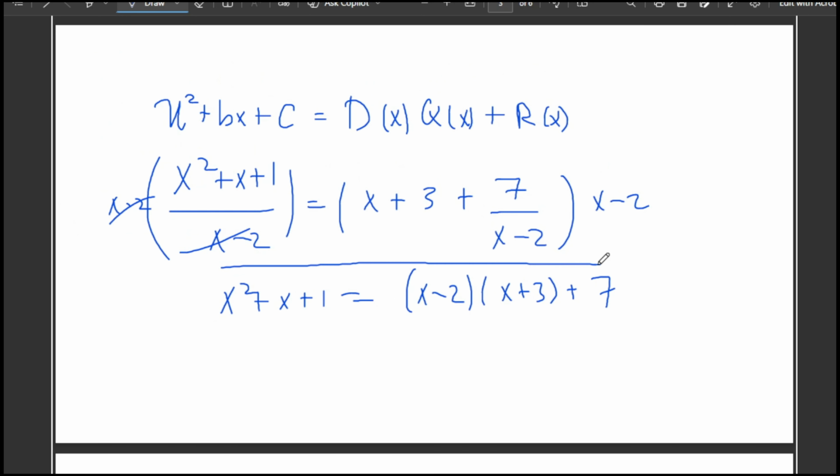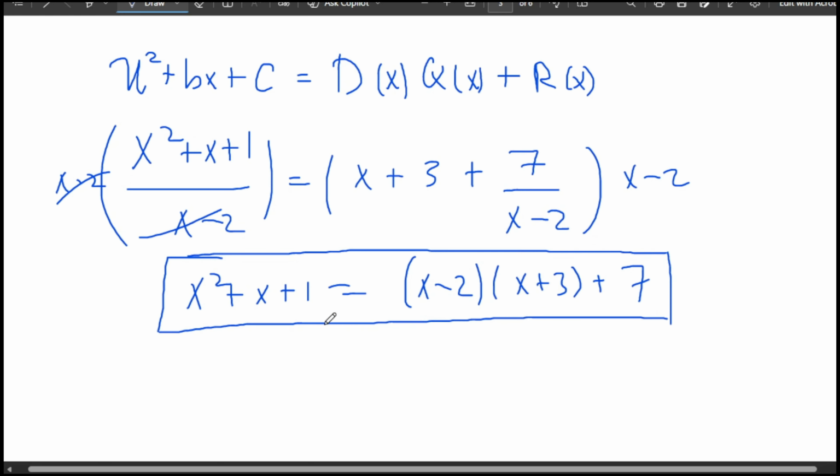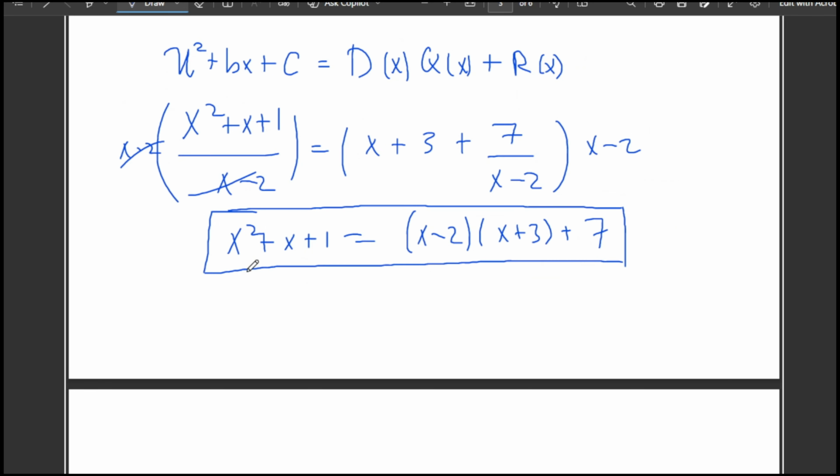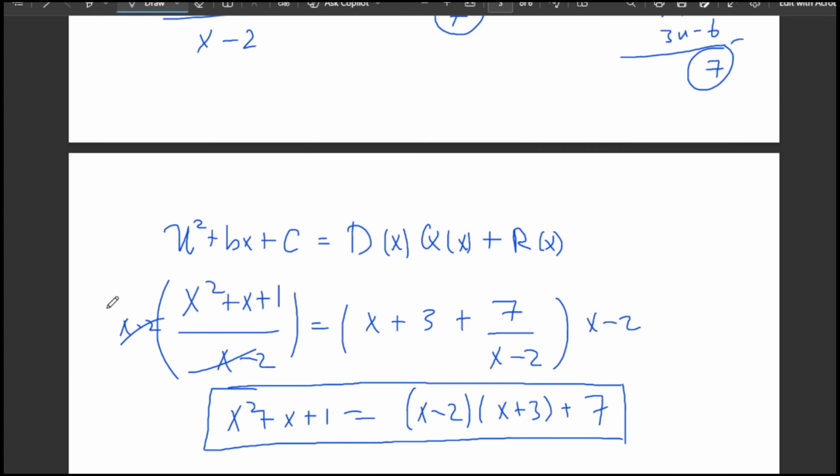So this is the same thing. This is very useful for a lot of situations.